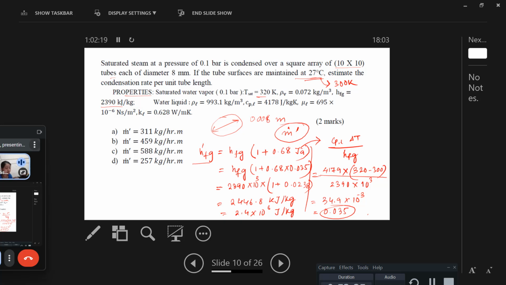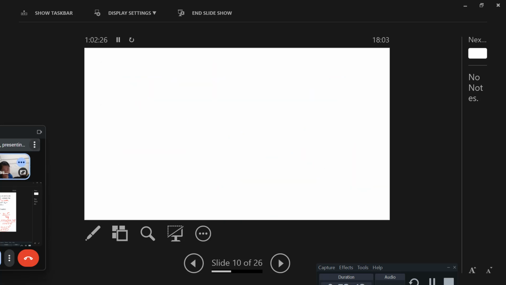Now we insert this in the formula of HD, which is given by 0.729 into G rho L minus rho V KL cube HFG prime.